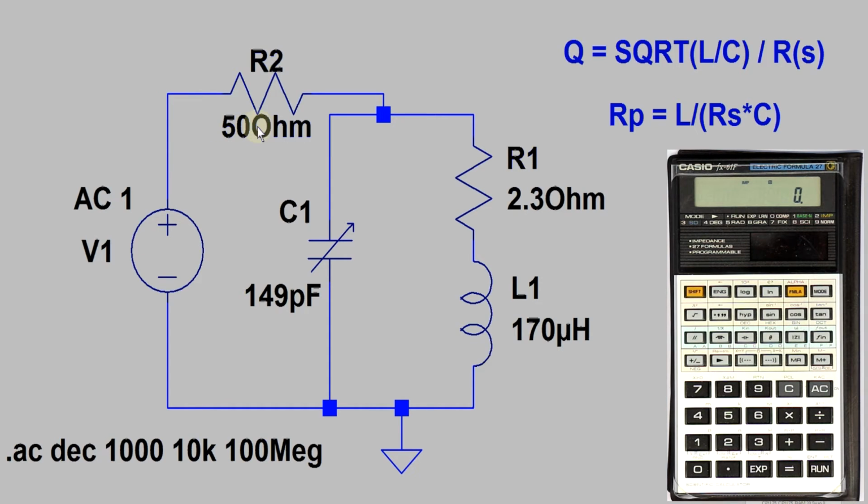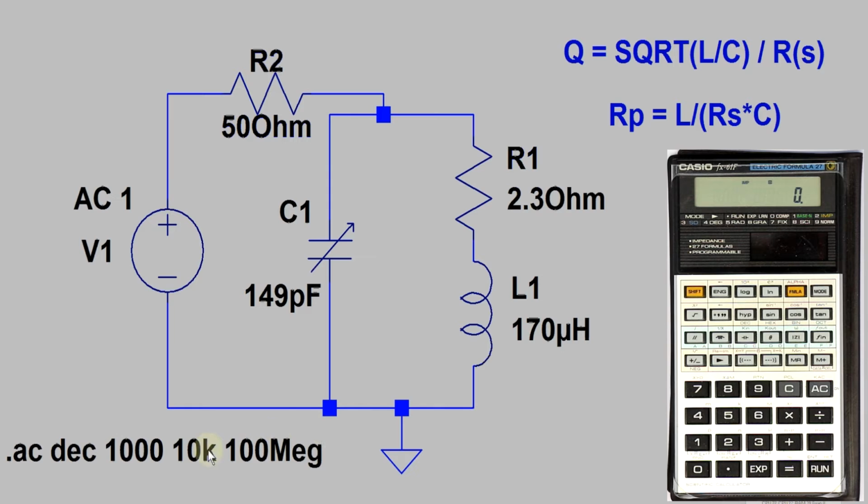By the way, in LT-Spice you don't have to put the units behind the values. It would be sufficient to write 149p or 2.3, you can leave out the ohms, you can leave out the H for Henry. I've done this just for clarity, included the unit of the different elements.